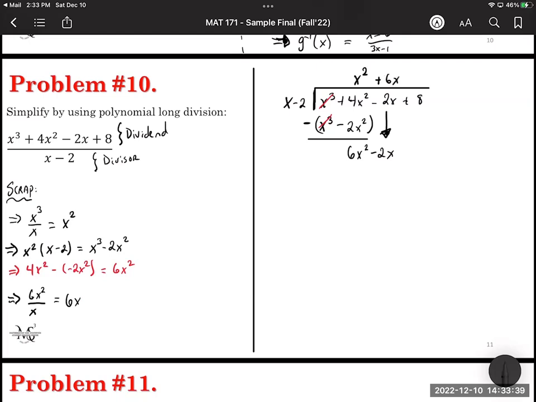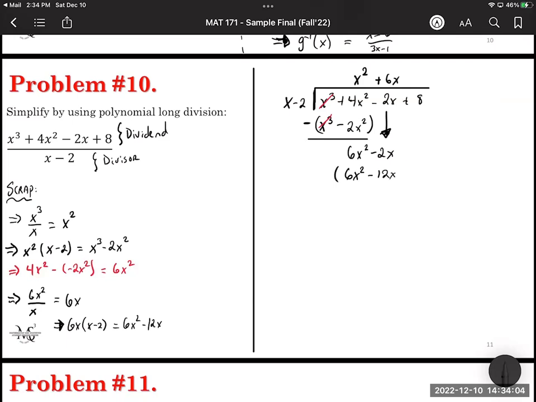Now we take 6x and multiply it by the divisor, x minus 2. 6x times x minus 2 is 6x squared minus 12x. So I'll write that underneath.